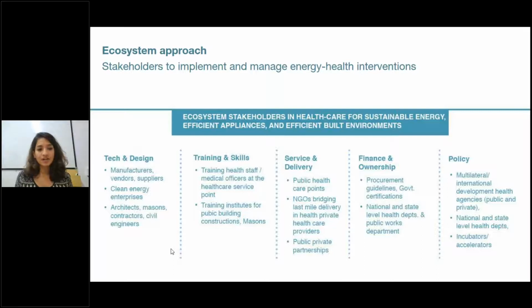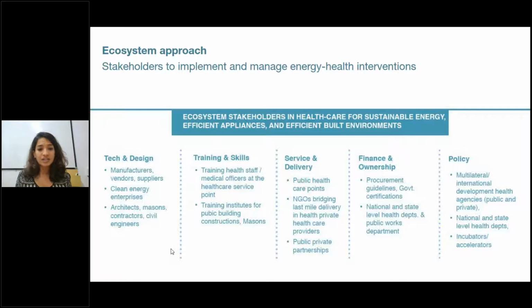And the second aspect of our approach is really looking at it as an ecosystem. We know that there are multiple stakeholders that play a role in delivering, implementing, and managing healthcare facilities or healthcare solutions. And we know that there are a similar number of stakeholders managing the energy side of things.